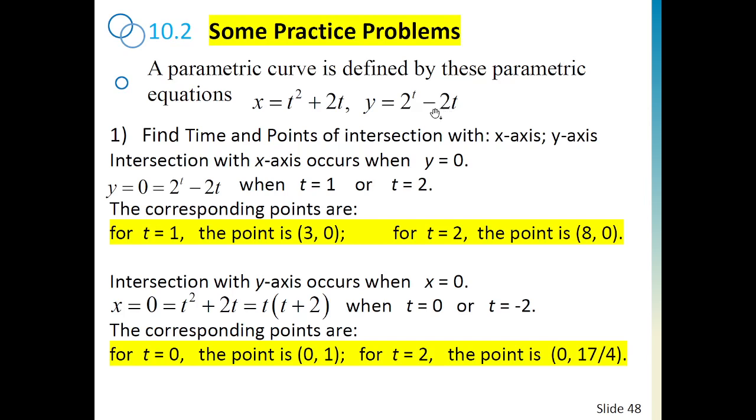So 4 plus 1/4 is 17/4. So there is an error here, it needs to be negative 2. So those are the locations. So these two points are locations where we cross the y-axis. So that's nice. That was quite straightforward in this case.